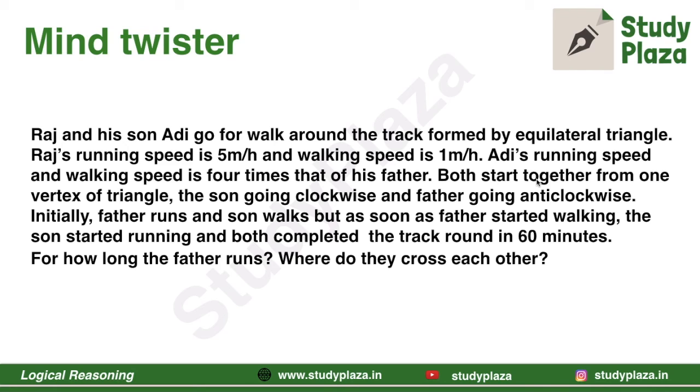Both start together from one vertex of the triangle, the son going clockwise and the father going anti-clockwise. Initially the father runs and the son walks, but as soon as the father starts walking, the son starts running. Both completed the track around in 60 minutes. For how long does the father run and where do they cross each other?